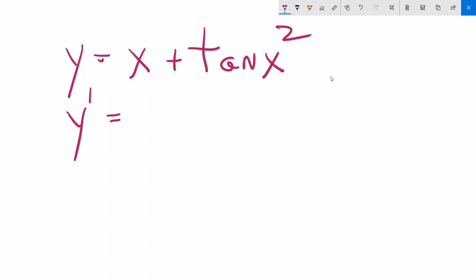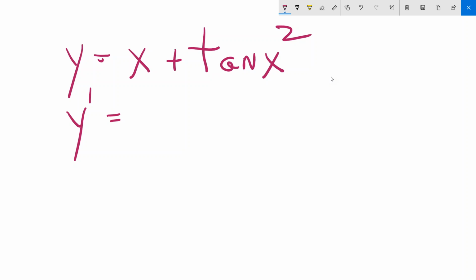Remember, the derivative of the sum or difference of two things is the derivative of the first thing plus the derivative of the second thing. When they're being multiplied, that's not true. When they're being multiplied, you have to use the product rule. If this was x times tangent of x squared, we'll do that after we do this one.